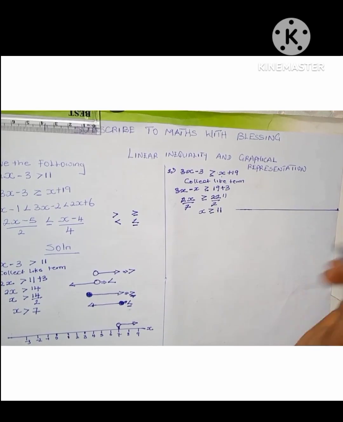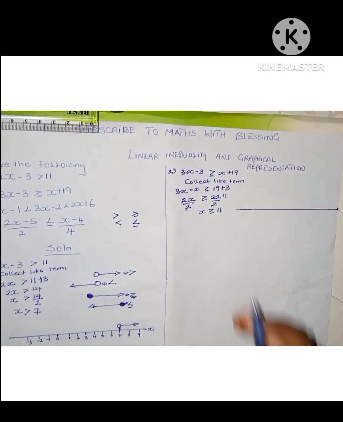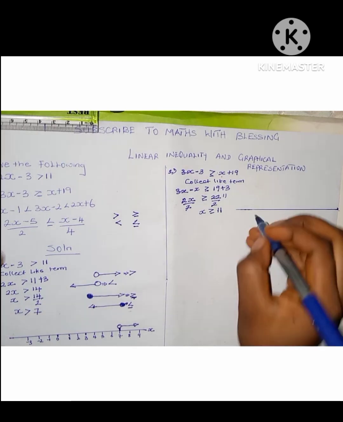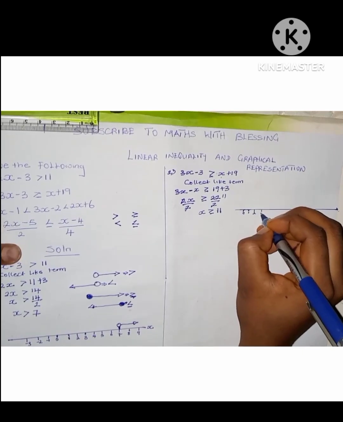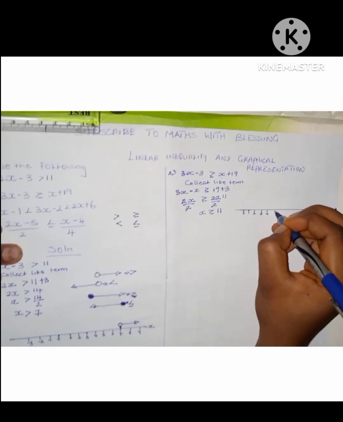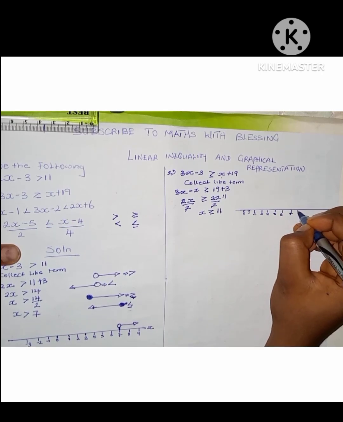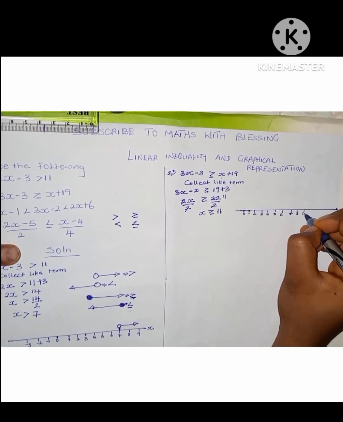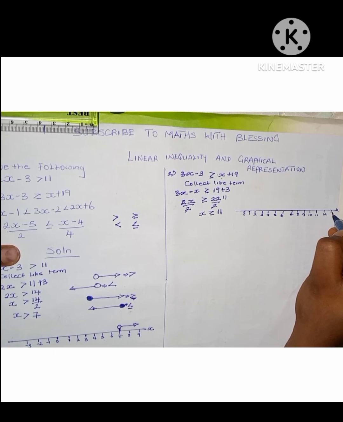Now, using your number line to represent this thing, so this is a number line, the values of x, and here is greater than or equal to 11. So make sure that the positive side is much more than the negative. For example, let me start here: 0, 1, 2, 3, 4, 5, 6, 7, 8, 9, 10, 11, 12, 13.